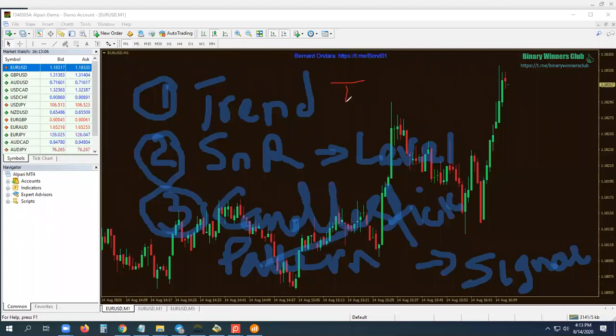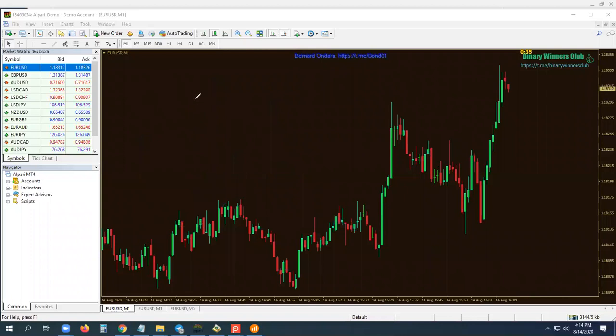T stands for the trend, L stands for the level, and S stands for signal. Are you following, guys? Yes, sir. There are three things you must at least ensure you have before you enter a trade.